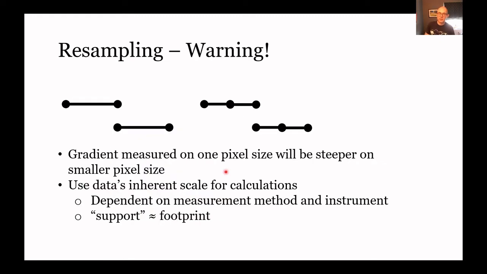And just as an example as to why not resample to a higher resolution. Hopefully you've seen this before. Let's look at elevation data and calculating slope, for example. So here we have data with a particular resolution. Here's the ground sampling distance, the support for this measurement.